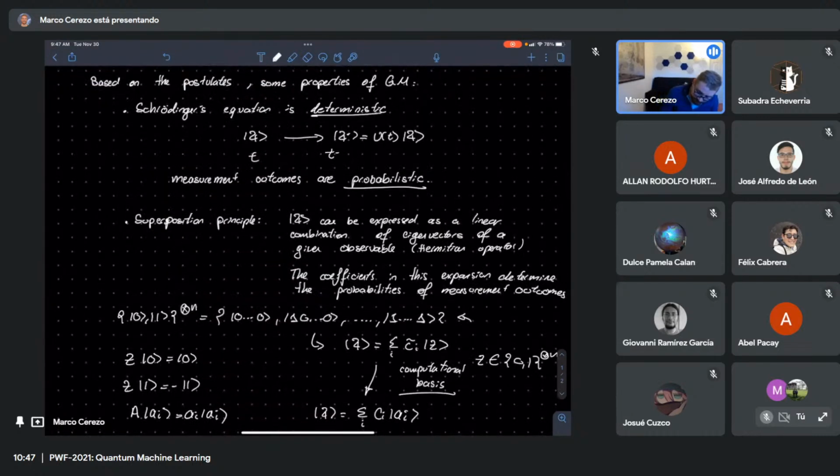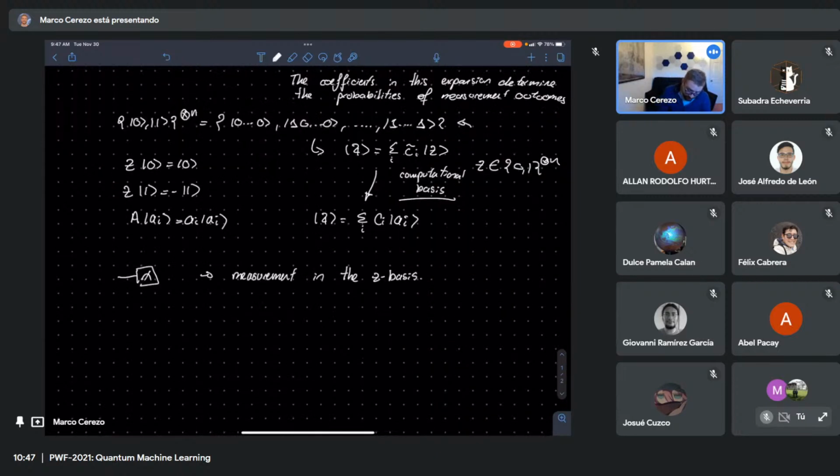So we've talked about Schrodinger's equation being deterministic, measurement outcomes being probabilistic, the superposition principle. Now we can also talk about a very interesting phenomenon, interference, which tells me that wave functions can interfere coherently or destructively.